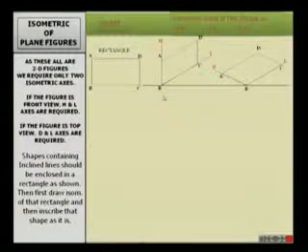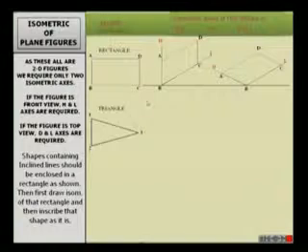In complex drawings, we frequently see these shapes. So these shapes are important to understand, so we know how to draw the isometric of each shape. The second one is the triangle, which has three sides represented by 1, 2 and 3.